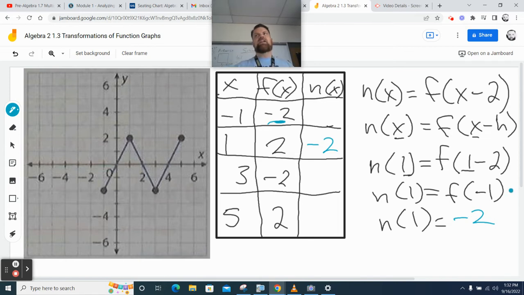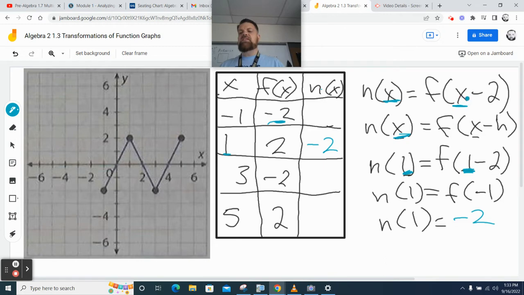So let me explain that again, because that's a little complicated. When I say n of 1, in other words, I'm trying to figure out what n is evaluated when x equals 1. Wherever there was an x, I plug in a 1.